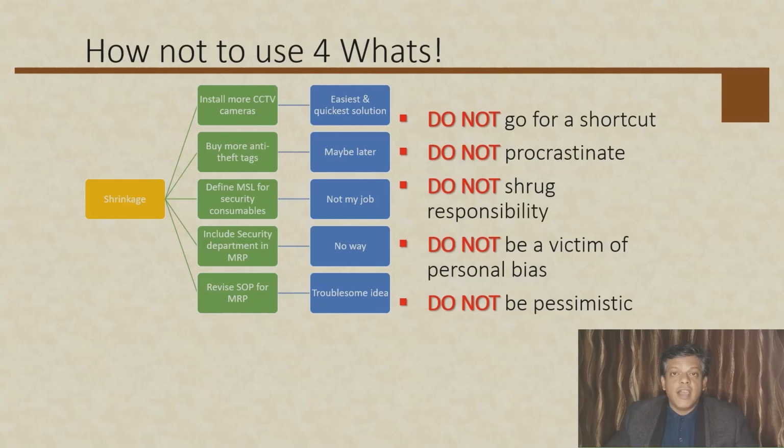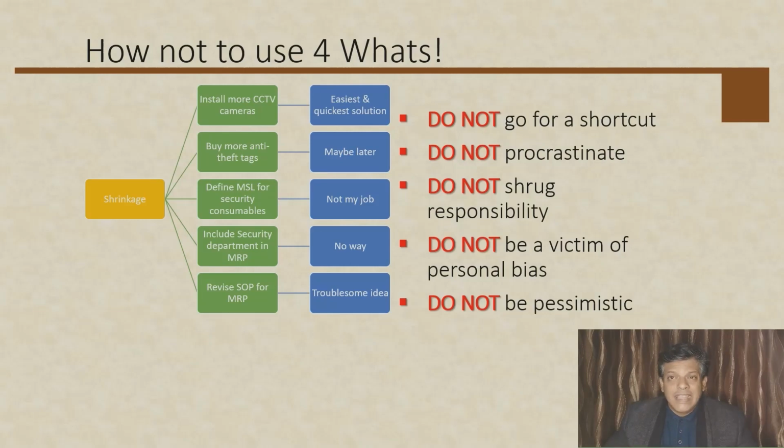Let me also address how not to use 4 watts, because I have seen a lot of people and organizations falling prey to certain factors and not utilizing the full benefits of the 4 watts technique as far as decision making is concerned. So carrying forward the same example of shrinkage, and the same 4 or 5 options that we have discussed already, it's displayed on your screen.